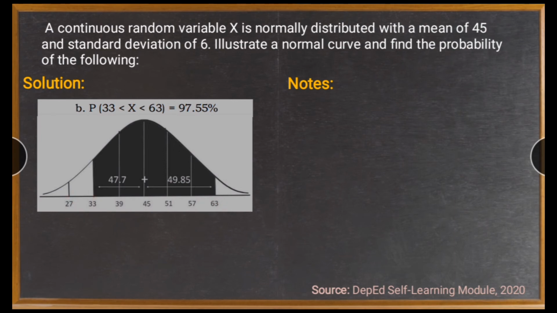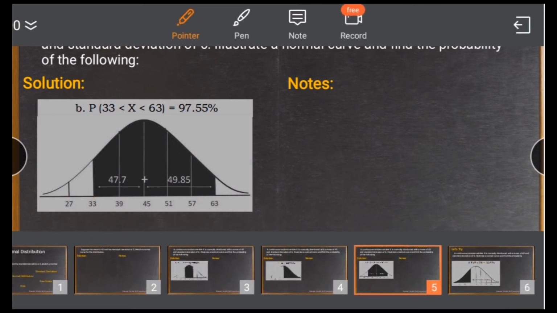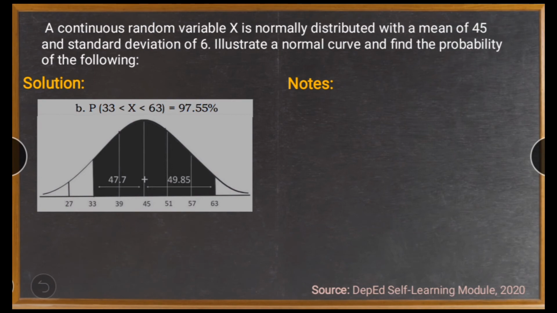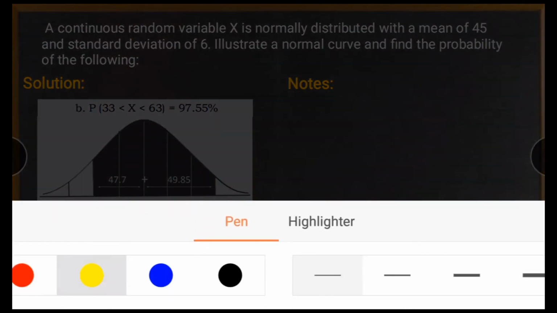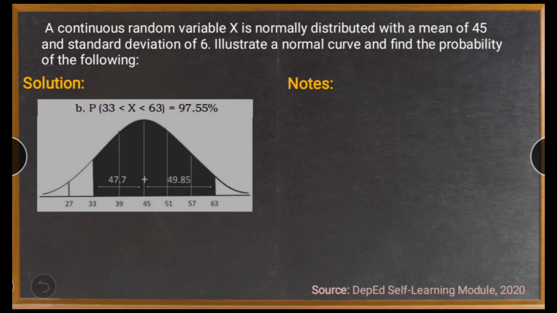Remember that using the formula, we can immediately say that 33 is equivalent to what particular z-score? Yes, that's -2. And this one is +3.